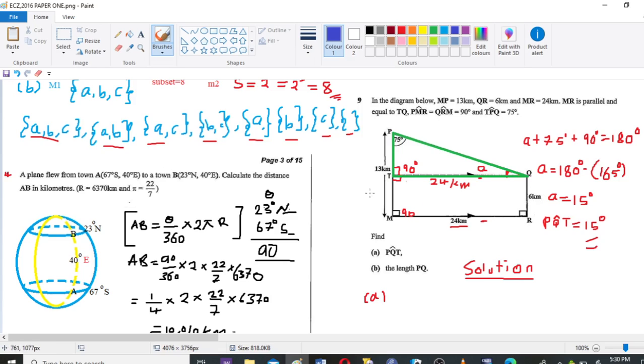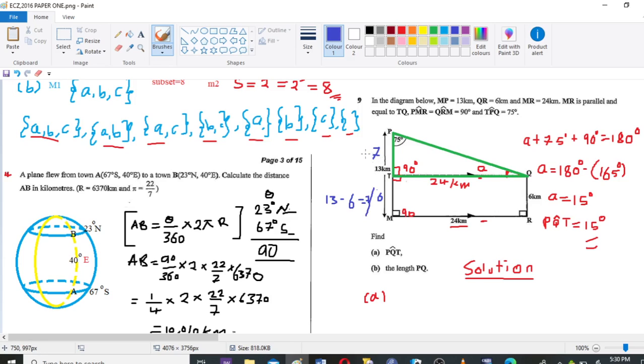If you want to find the distance PT, we are going to say 13 minus 6, and that will give us 7. So there it's 6, and here it's 6, and there it's 7, giving us 13. So this side is 7.